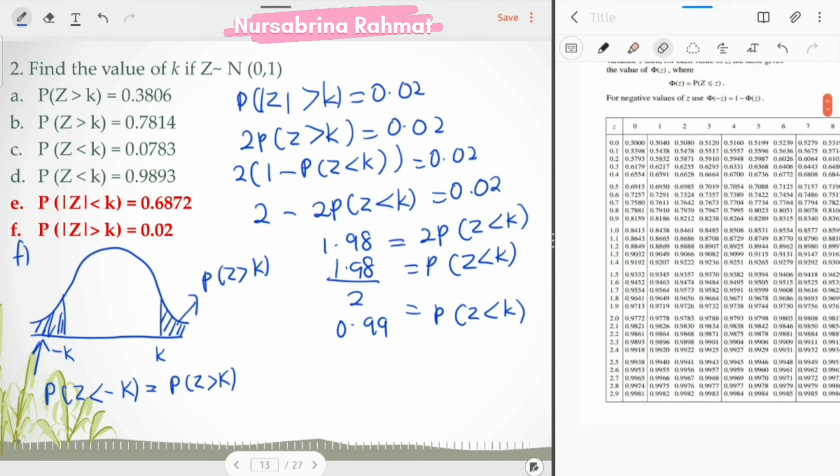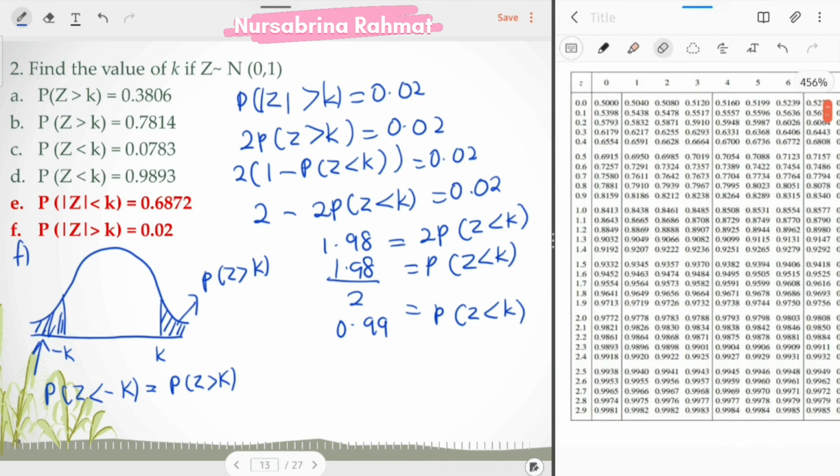Okay, so let's find the k value when your probability is equal to 0.99. Okay, let's zoom in. 0.99. When we have here 0.9898, which corresponds to a z-score of 2.33. Okay, let's find the difference between 0.99 and 0.9898. So 0.99 minus 0.9898 is equivalent to 2 times 10 to the power of negative 4.